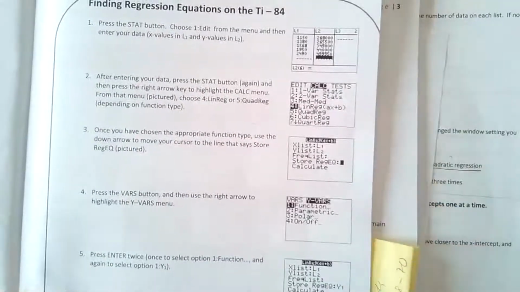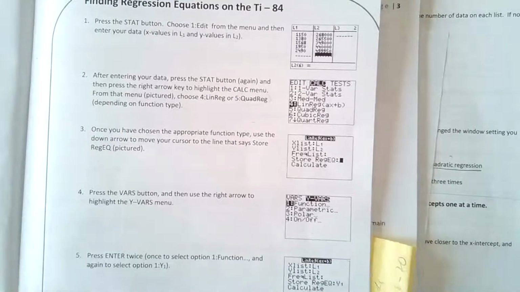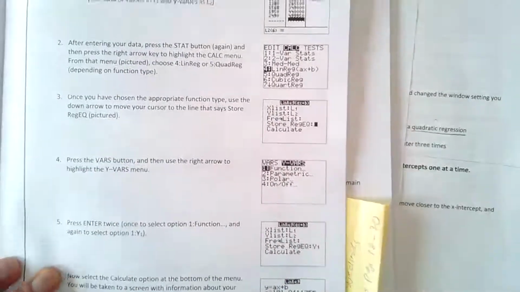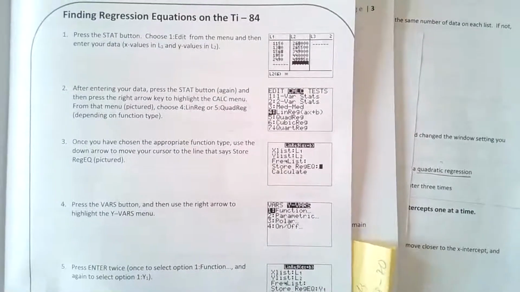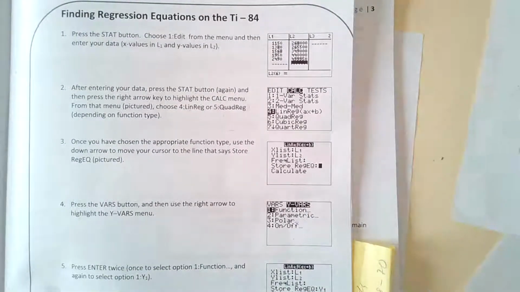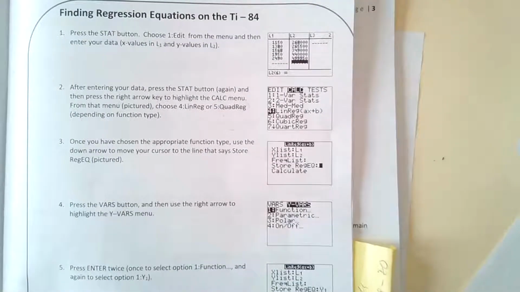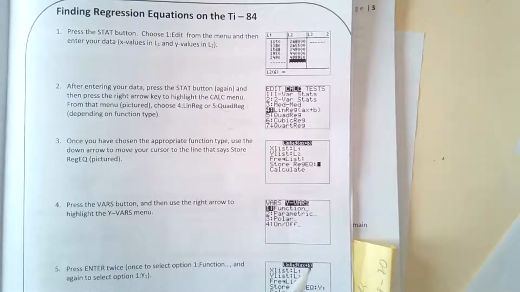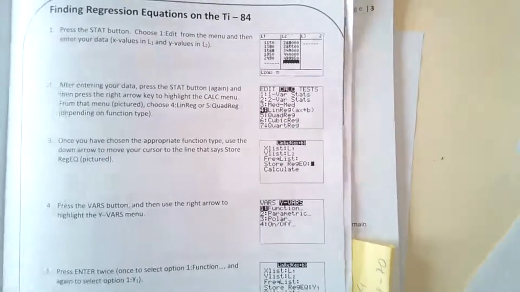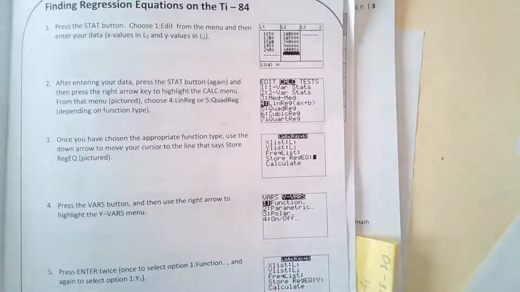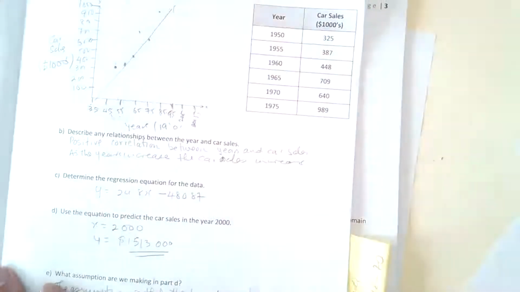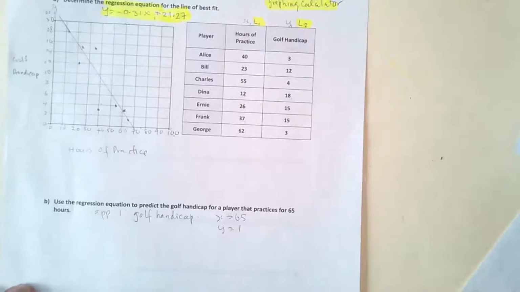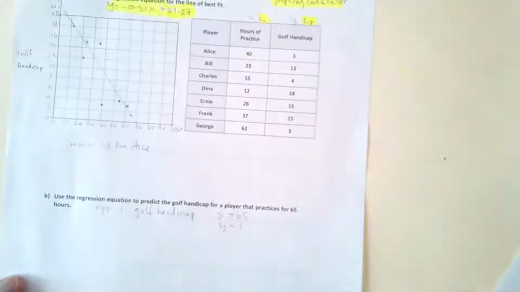There's a visual that walks you through example 1 on the left side. So you can go to that page and get that set of instructions. So there's our line of best fit and our linear regression equation.